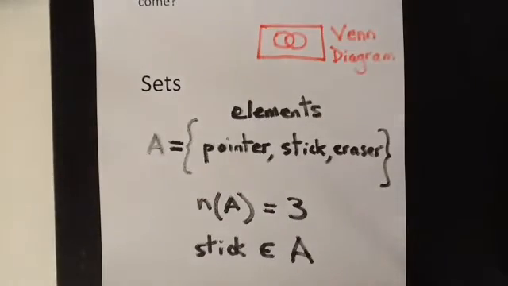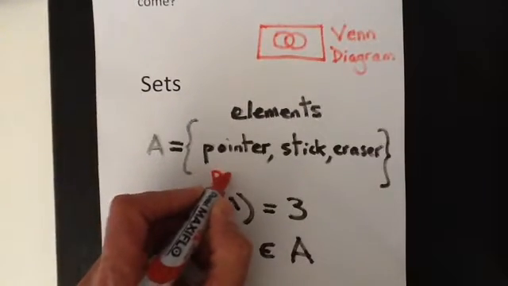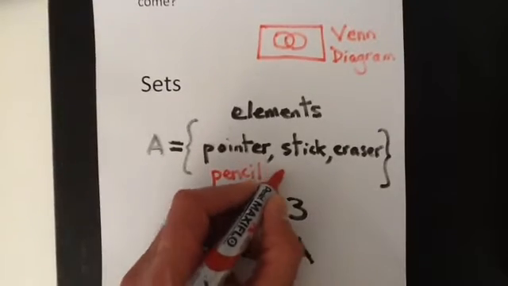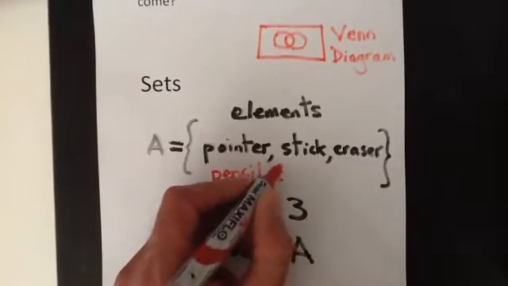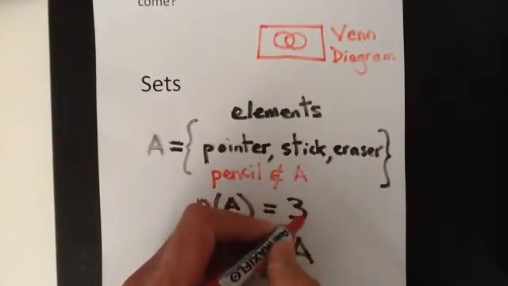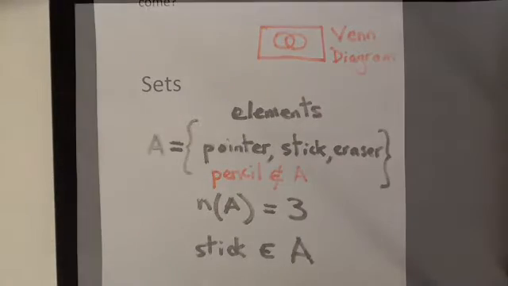Now it's also clear that, say, a pencil is not in the box. So we can put a line through our funky E and say a pencil is not an element of A.